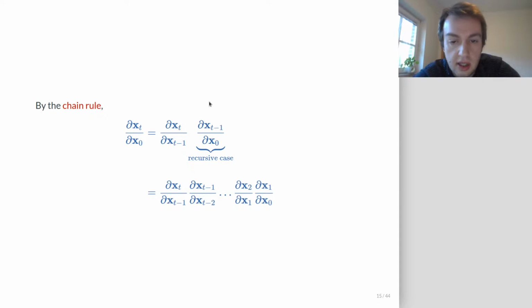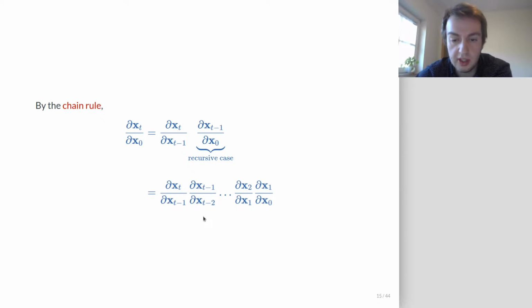What you see here now is a recursive definition. This is again a Jacobian, which we can express recursively using the chain rule. So that means we can expand this expression into a whole bunch of other terms. What you obtain is an expression which says that the Jacobian of xt with respect to x0 can be defined as a product of Jacobians: the first one being the Jacobian of xt with respect to xt minus 1, times the Jacobian of xt minus 1 with respect to xt minus 2, and so on, until we arrive at the Jacobian of x1 with respect to x0.